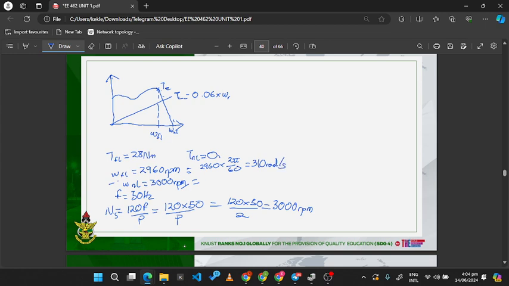And the 3000 rpm will give us 314 radians per second.